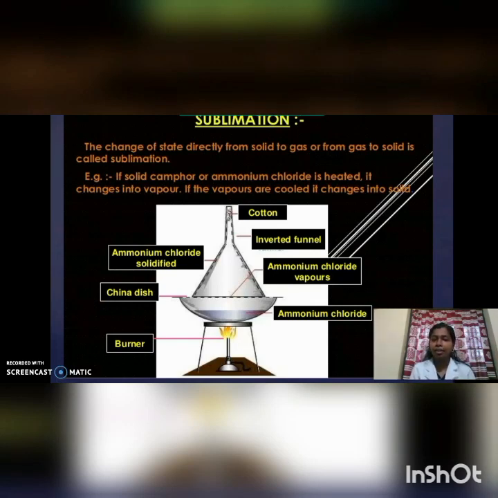The ammonium chloride starts to heat and is converted to vapor. The vapor is cooled and changes again into solid. That means the ammonium chloride is left in the china dish itself, with no conversion to gas remaining. Only the solid form is there. So this is how sublimation is explained.